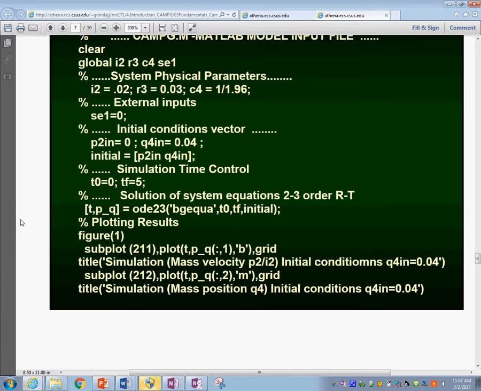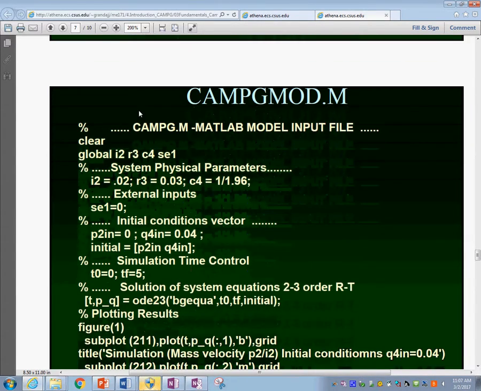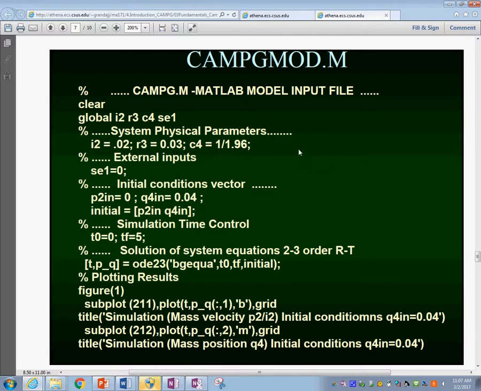Okay, this is the description of the physical parameters here. These ones, right there. The external inputs.